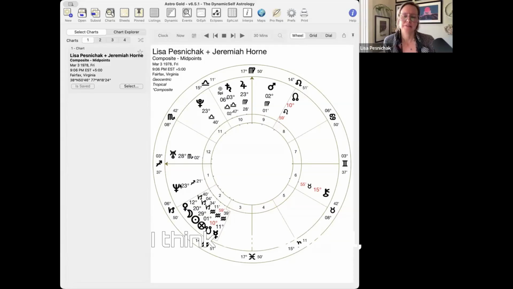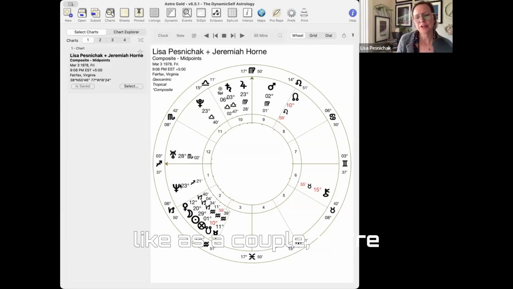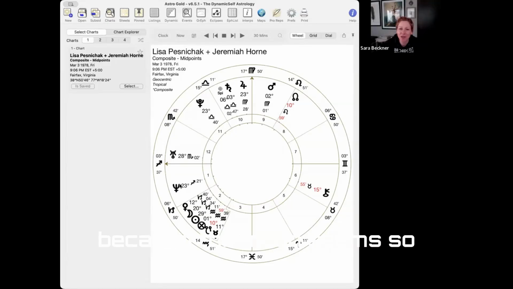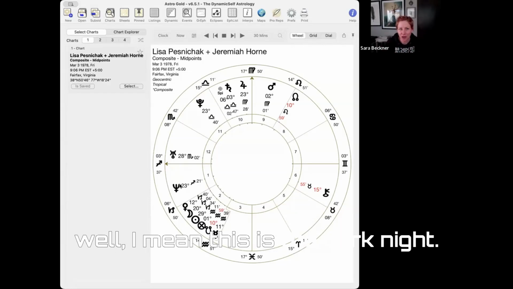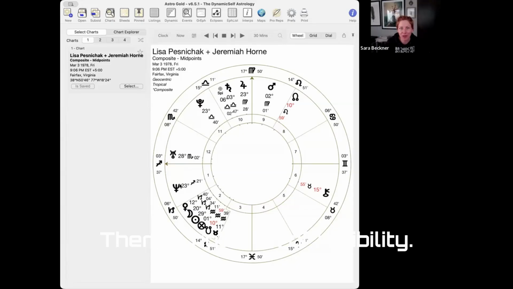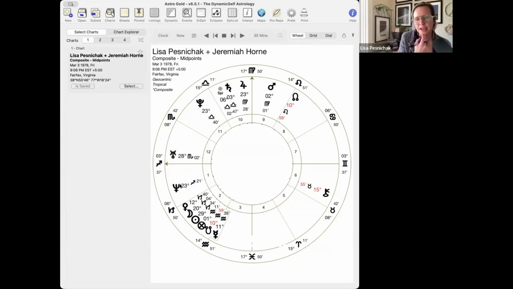I think that all in all, as a couple, we're more of an introverted couple to some degree, and as far as how our relationship began, the new moon seems so subjective to me. I mean, this is the dark night. There's not a lot of clarity, not a lot of visibility. Yeah, it's interesting, it's in a sextile to Uranus, square to Pluto.